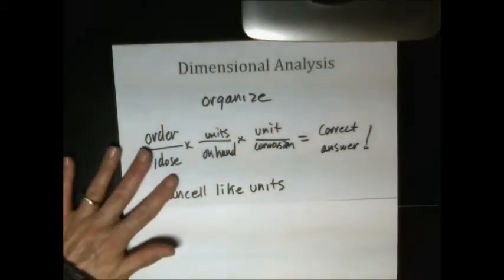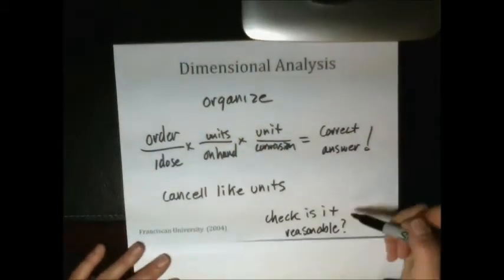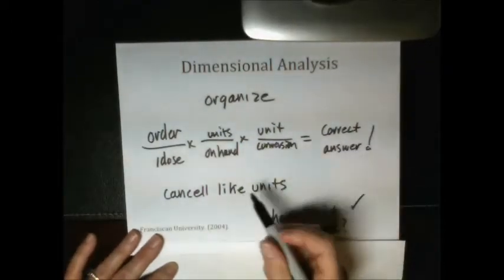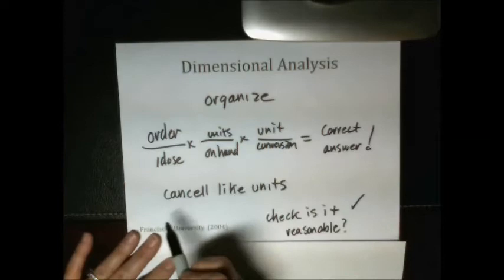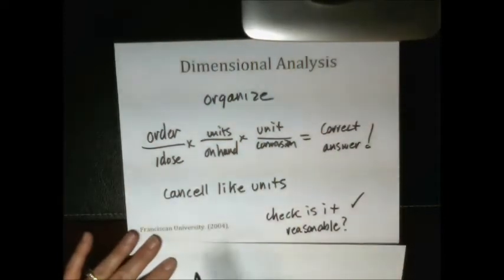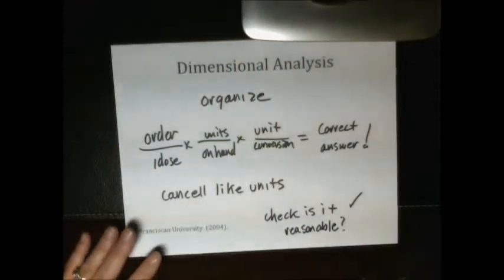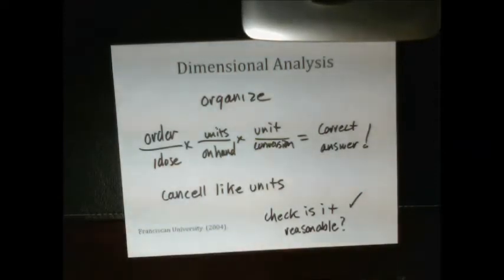Our last item that we want to cover is is it reasonable? Somehow, either do it mathematically, look at it rationally, ask yourself, is that a reasonable dose? And that's dimensional analysis.